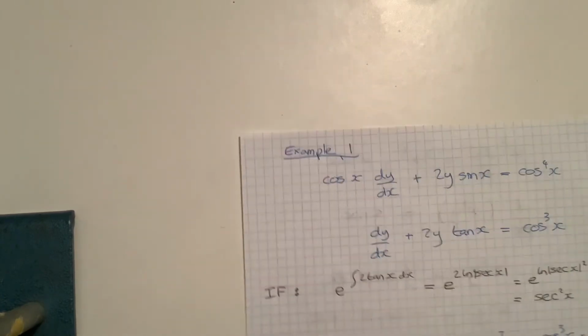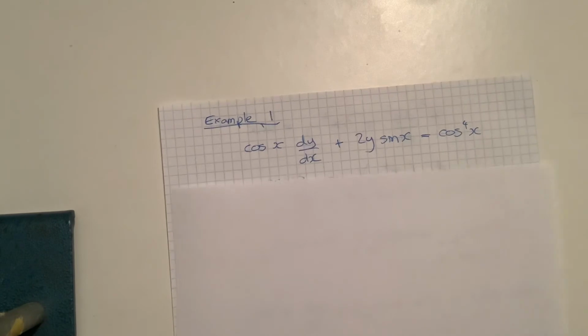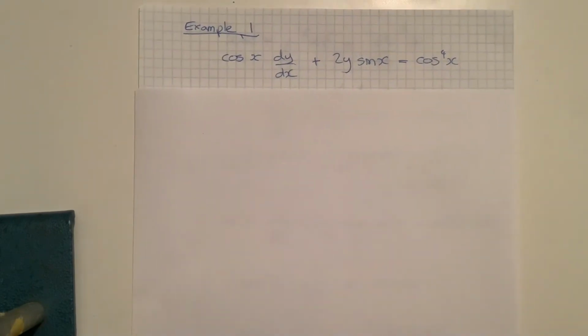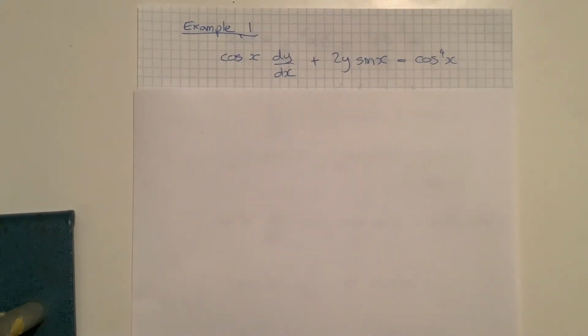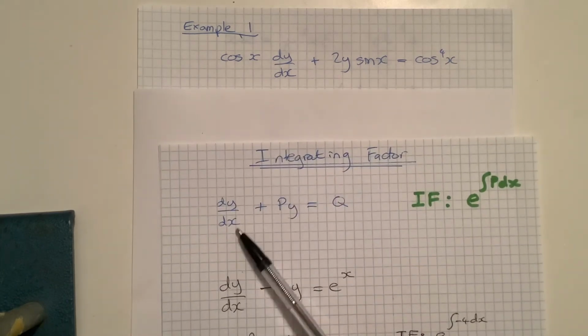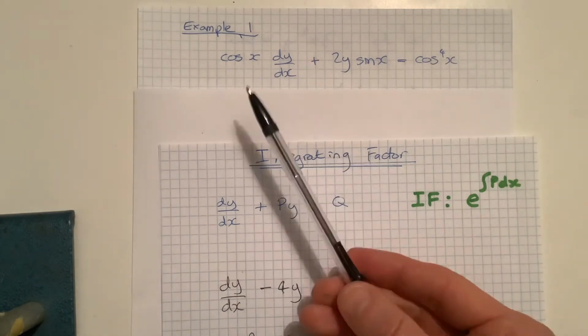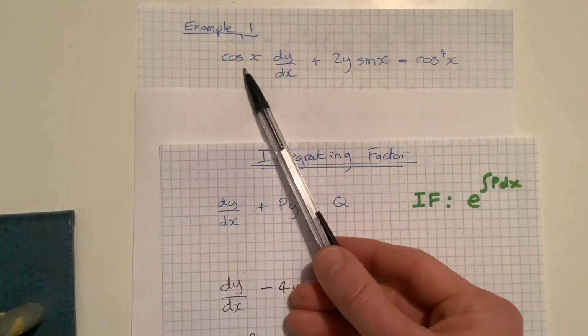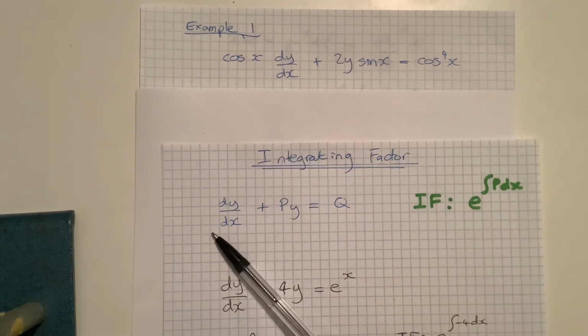Right, let's do another example. In this case here, remembering that I want my differential equation to look like this. So I want to have just the dy by dx here. In this case here, I've got a cos x at the front, which I don't want.